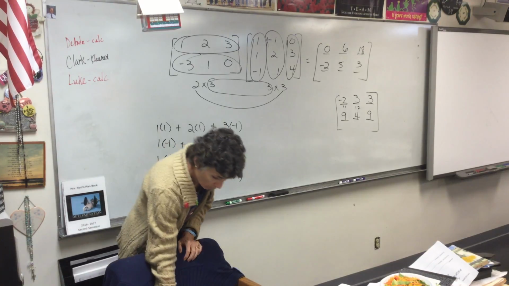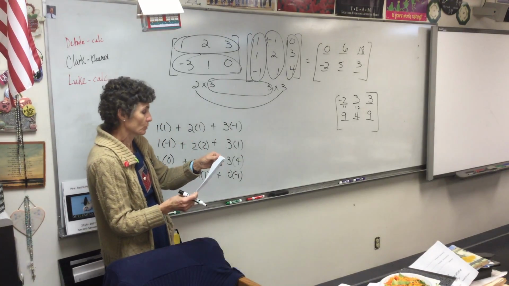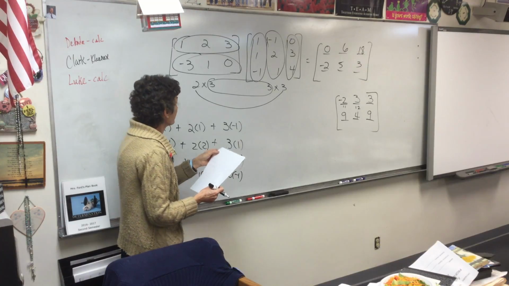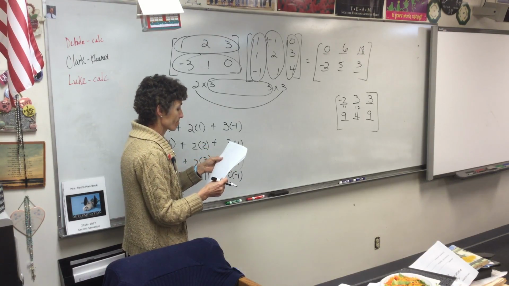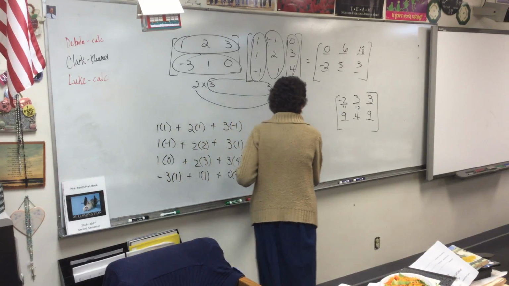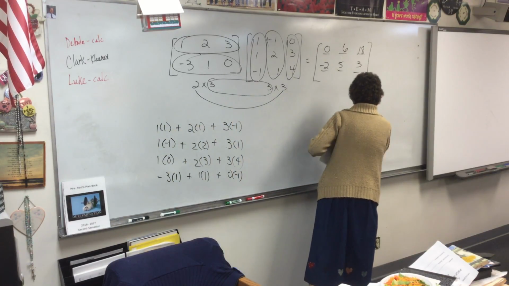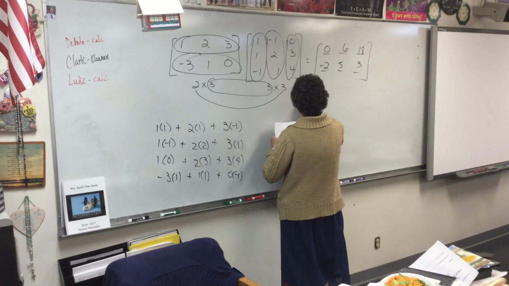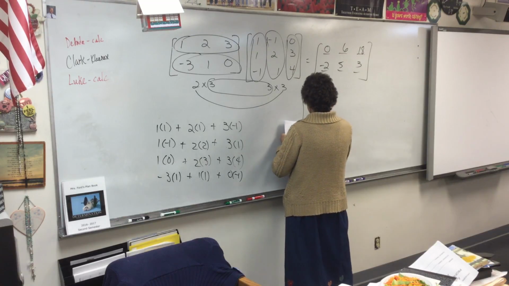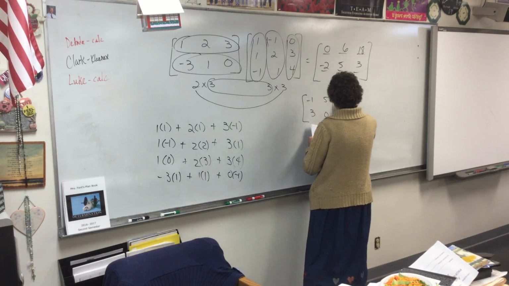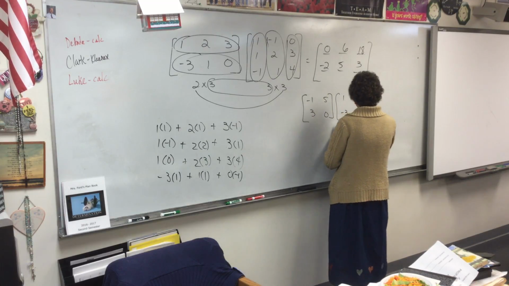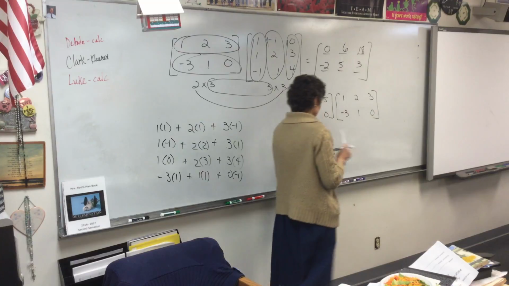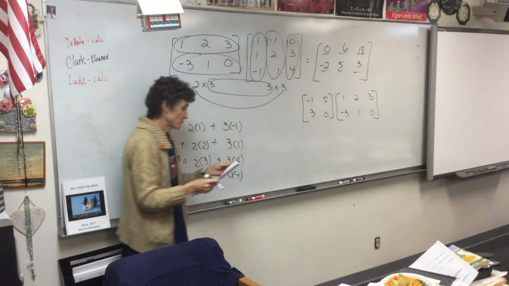All right, one more multiplication problem, and then we'll do a little review. F times G. All right, so F is this, and G is this. All right, this is on page 45.